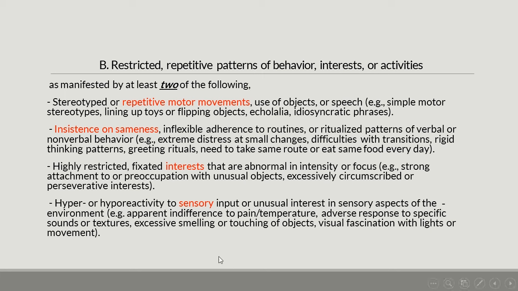Those people also have abnormal sensory input. It may be hyper or hypoactivity, so that sometimes we see them closing their ears. They perceive things as too loud, up to painful, or on the contrary, they may perceive things as lower than usual, so that we may see them tighten their belt very much.